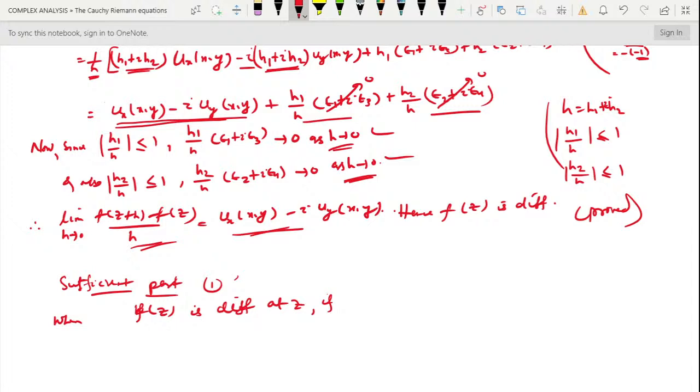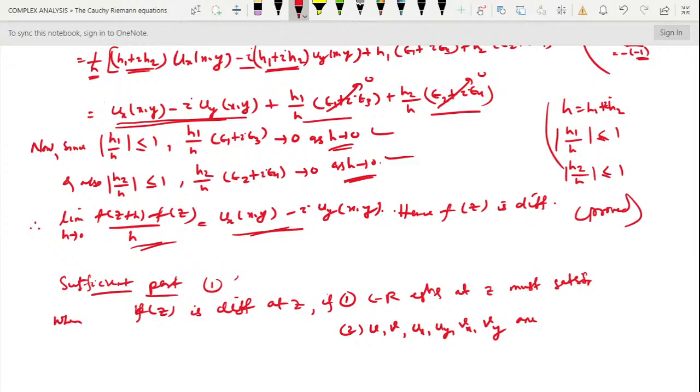First, the Cauchy-Riemann equations at z must be satisfied. Second, u, v, and ux, uy, vx, vy are continuous at z, that means they are continuous at xy.